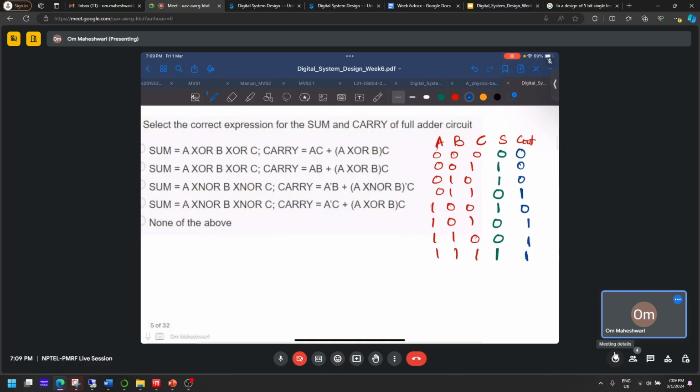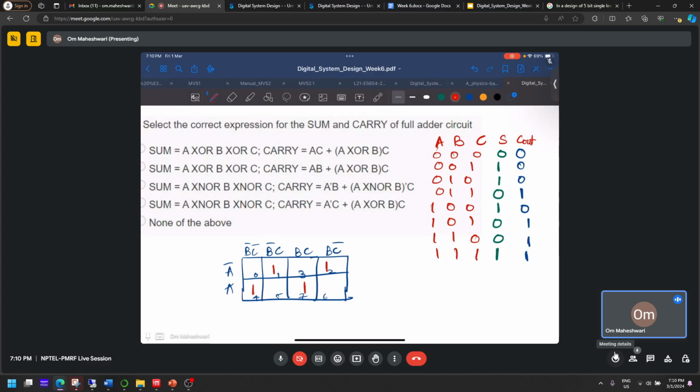If you make a K map for sum, you have ones at 1, 2, 4 and 7.